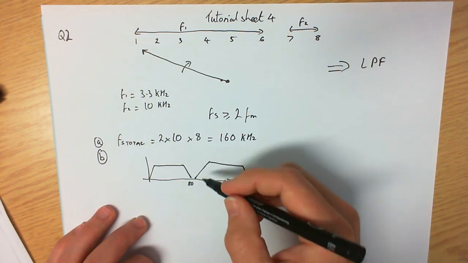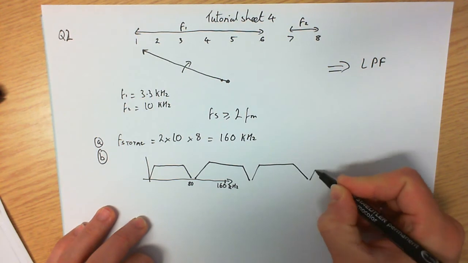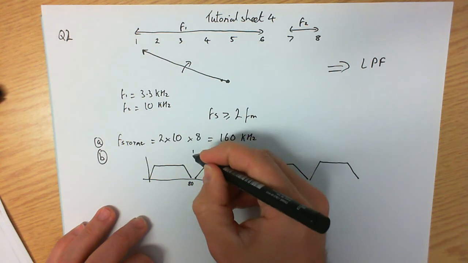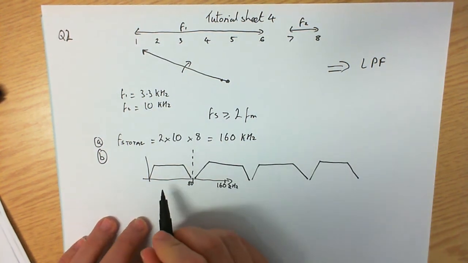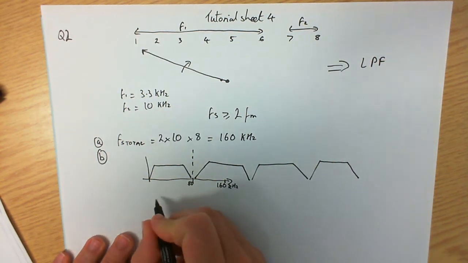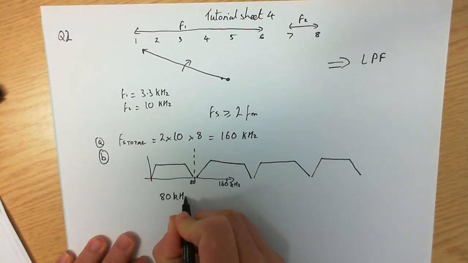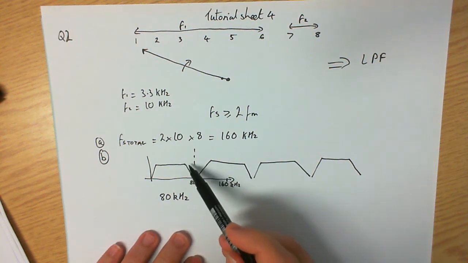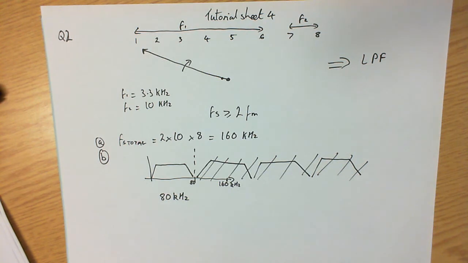So when we have a low-pass filter, we need to get rid of all this, and of course they're going to repeat over and over again as you go up through the frequency range. So we're going to have a filter which cuts out all of those. So in this case, our ideal low-pass filter has to have a cutoff frequency of 80 kilohertz. And hopefully then, if that's an ideal low-pass filter, that will filter away the frequencies that we're not interested in.